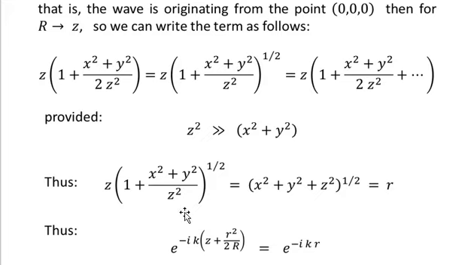If you take the LCM of this and multiply z inside, that becomes z square, and then over here z square will be cancelled. So you have x square plus y square plus z square to the power 1/2, that is the square root of this whole quantity. And you know that this quantity is nothing but r, because r is equal to the square root of x square plus y square plus z square.